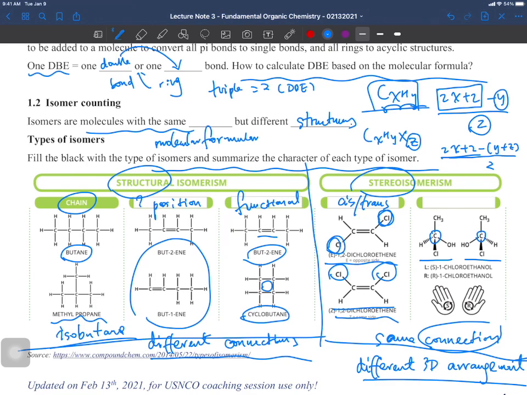And they have different optical properties. We don't want to talk too much about what the optical property is. Basically, they can rotate plane polarized light in different directions. So we call them optical isomers because they have different optical properties. Oh, by the way, sorry, cis and trans are not the names of the isomer type. The type of this isomer is called geometric.